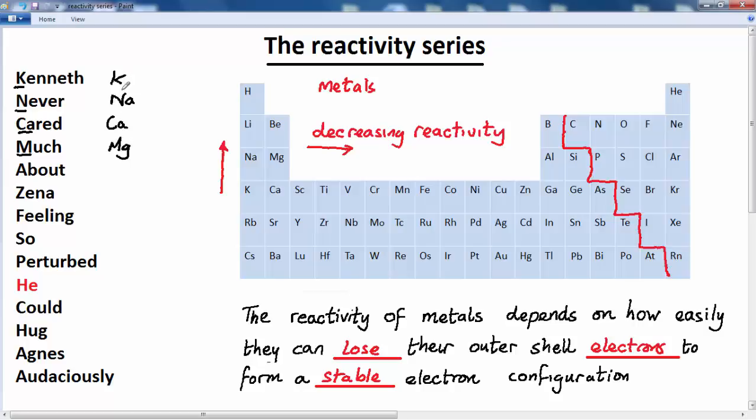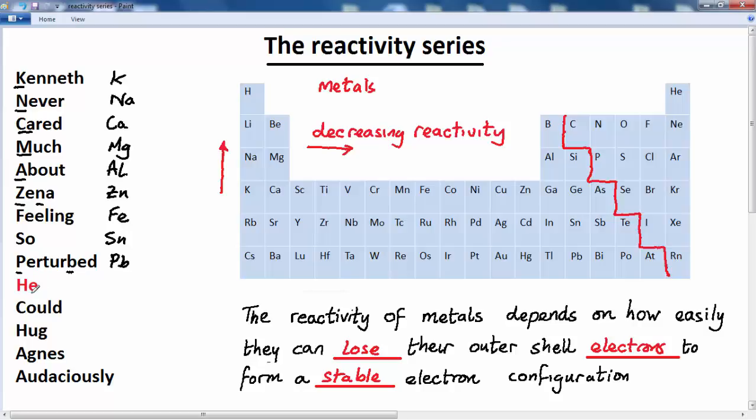Okay, so we started off in group 1, then we've gone over to group 2, and then over to group 3 we've got A for aluminium, and then Zn for Zena, for zinc, and then Fe for iron, feeling. S for, we're now in group 4, for tin, and then Pb for lead.